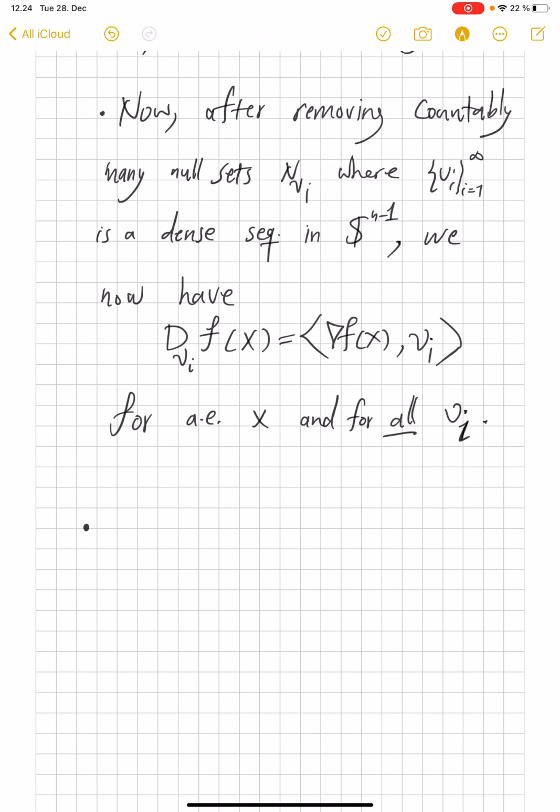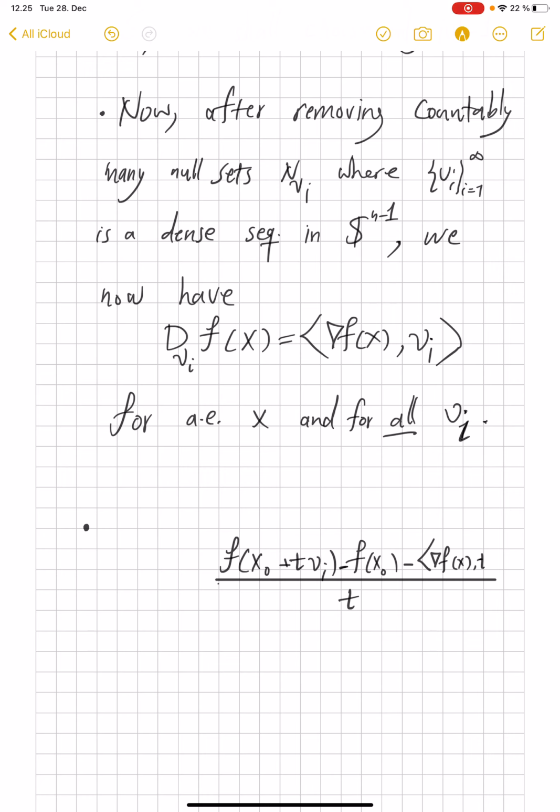So the last thing is, what we know is that, because the directional derivatives exist, f of x0 plus t vi minus f of x0, divided by t, goes to this directional derivative, which is equal to gradient f at x dot vi.